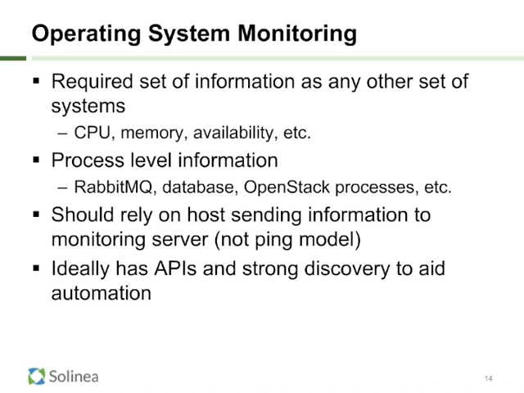In addition, ideally, we're going to have some level of APIs for this monitoring and a strong discovery component for it. The reason there is, in general, you will be bringing in new machines, and a fair amount of them, perhaps racks at a time, and sometimes machines will leave. This is probably a little bit different than enterprise IT also, and it tends to be much more dynamic. And so having strong discovery, or at least an API to write to be able to initiate monitoring as well as turn off monitoring, can be extremely important for you.